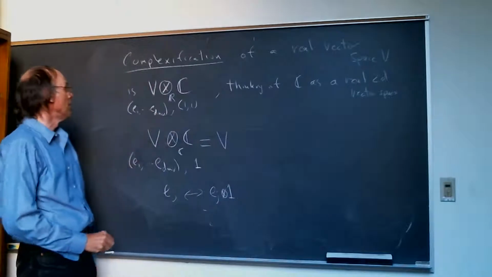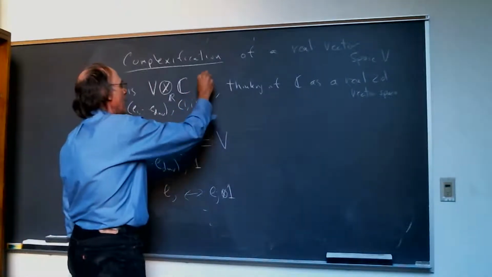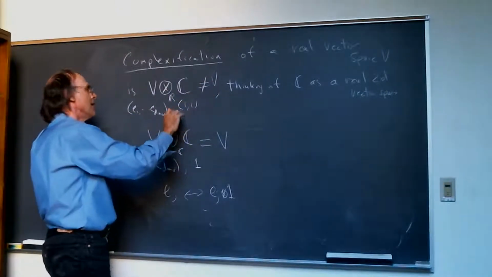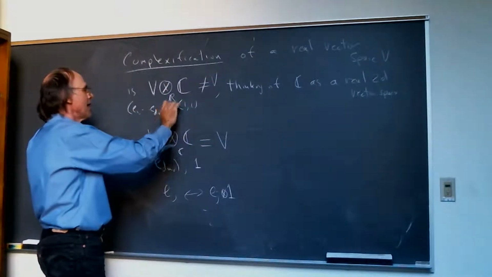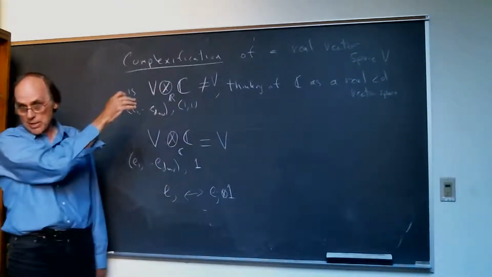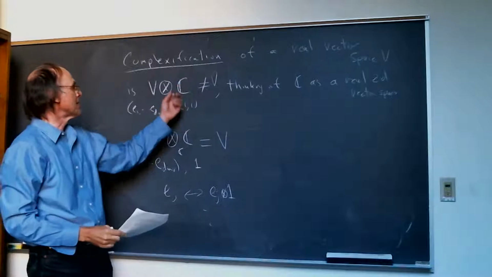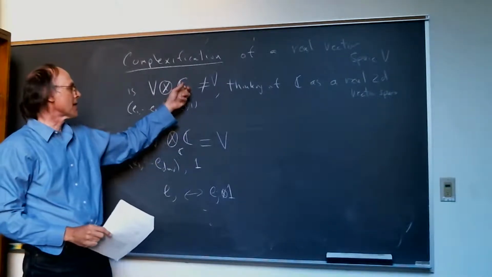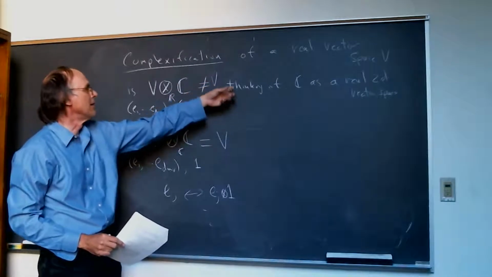This is true. But this guy is not equal to V. He as a tensor product is a real vector space of twice the dimension. But because he's built out of these C's, he also has a complex structure now.